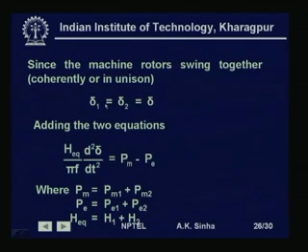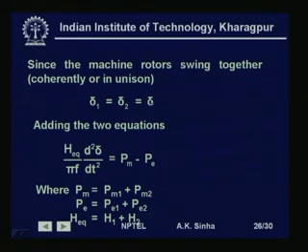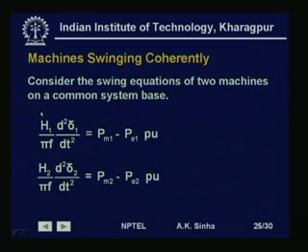Now, if the machines are swinging together, then delta1 and delta2 will be the same, that is, the relative motion of these two machines is the same. So, delta1 is equal to delta2 is equal to delta, and therefore, we can add these two equations.